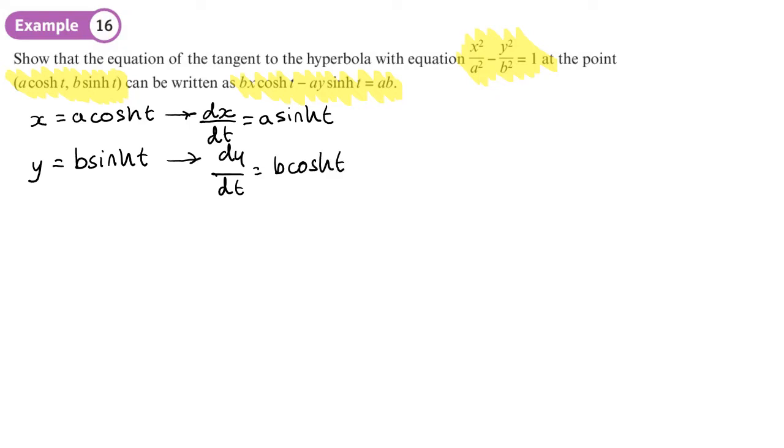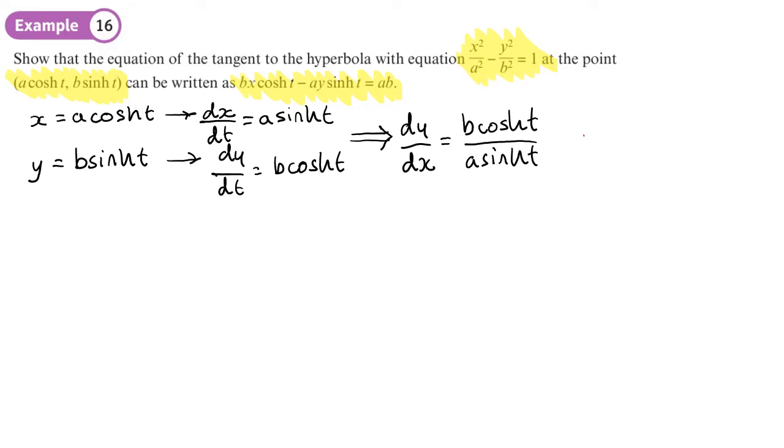Okay, so you should remember those results from the hyperbolic functions chapter in Core 2. So dy/dx using parametric is going to be dy/dt, which is b cosh t, over dx/dt, which is a sinh t.